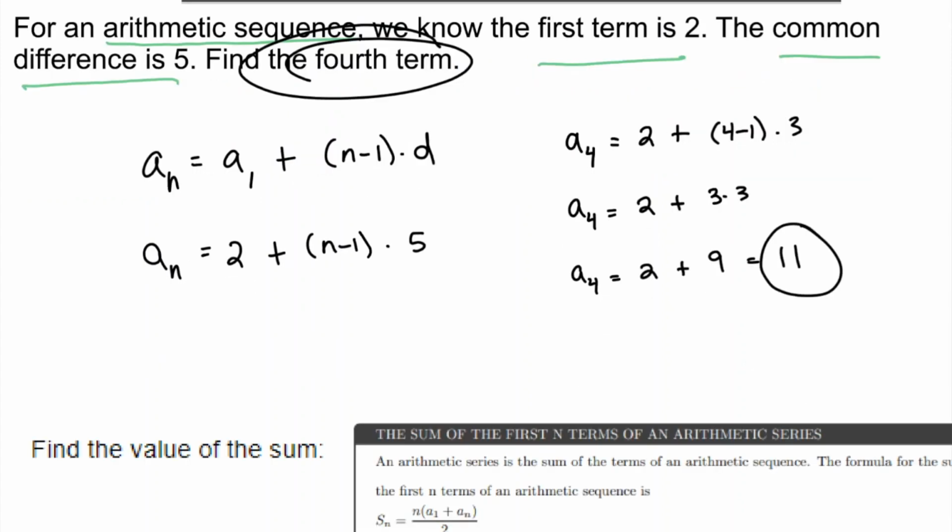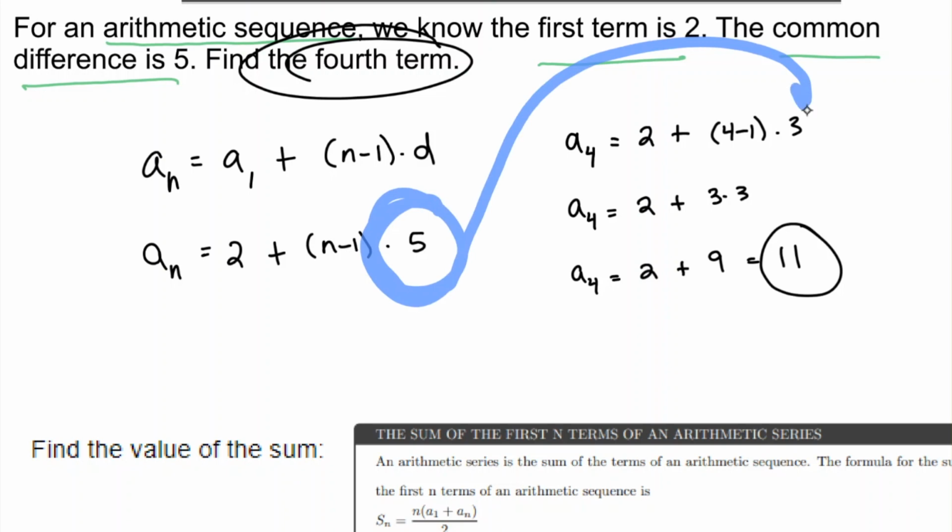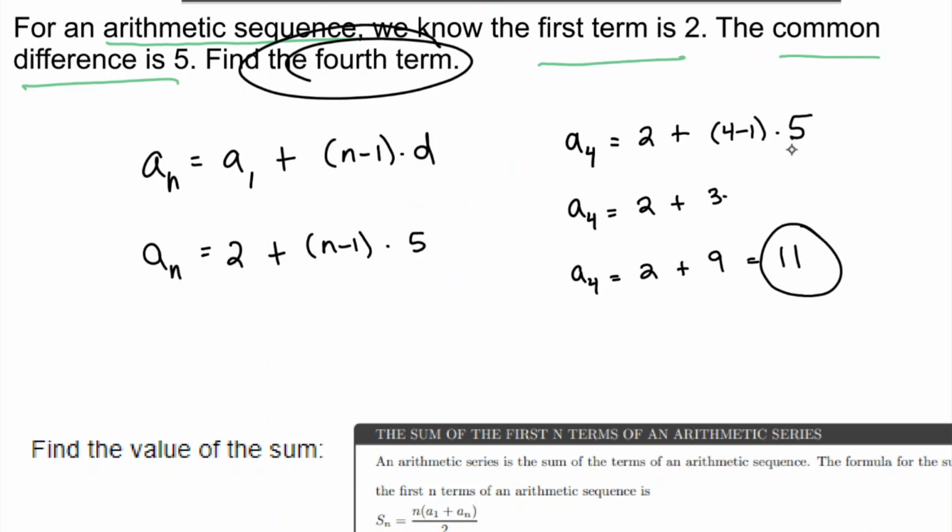Excuse me, I just realized I made a mistake. Hopefully y'all caught that. Do you see how this 5 got rewritten as a 3? Copying error on my part. I think I saw the 4 minus 1 and just rewrote it. But this should have been 5 carried through, which would then of course carry down here as a 5.